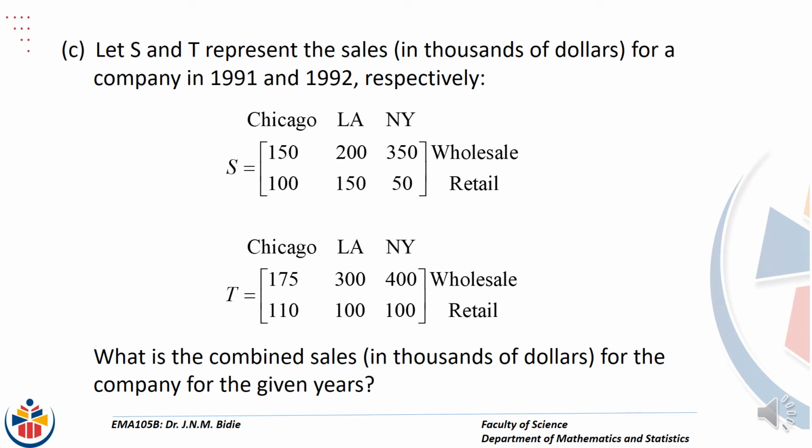We know S represents the sales in 1991 and T represents the sales in 1992. So now you are asked for the combined sales in the 2 years. So all in all, we add. So we're looking for S plus T.